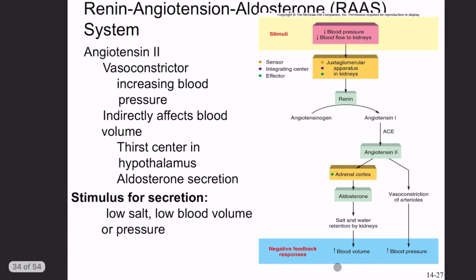And the way it does that is by producing an enzyme called renin. And renin is an enzyme that is going to go into the blood, and your liver produces something called angiotensinogen.